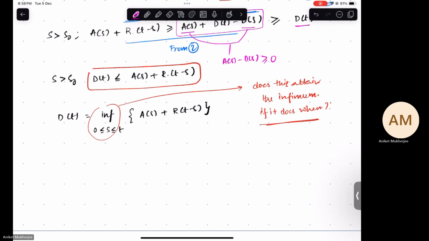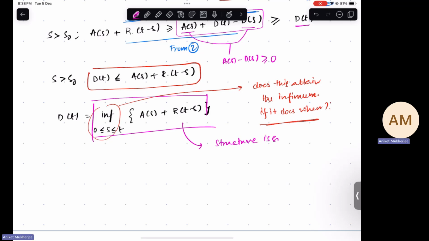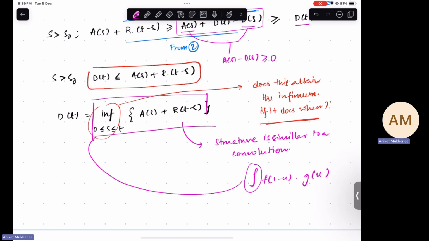So the structure of this equation is similar to a convolution. The basic convolution that you know is you have an integration and you have some time-shifted and reversed version of a function multiplied by another function, right? Now, similarly here, instead of integration, you have an infimum, and instead of a multiply, you have a plus.